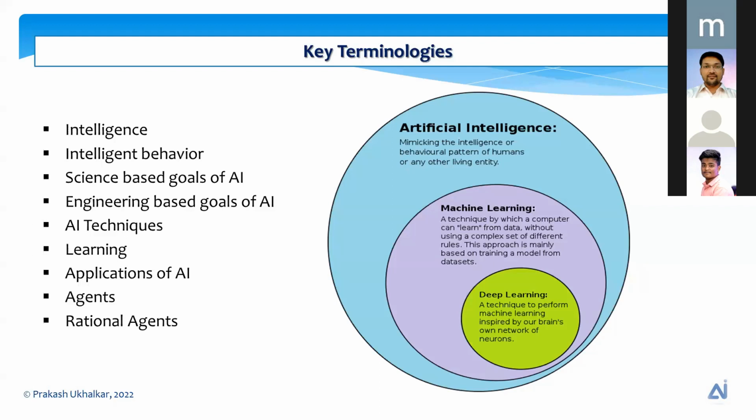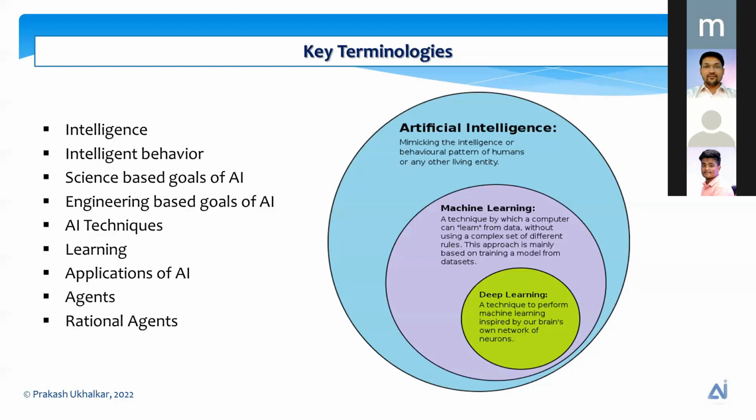Biological intelligent behavior means it is a study. The emphasis is given on understanding how the human brain works. Look, the science-based goals are how the human brain works, or I would say how a human works, how a human thinks, how a human perceives, how a human learns. That is the study, and that is the focus of science when it comes to AI and its disciplines.